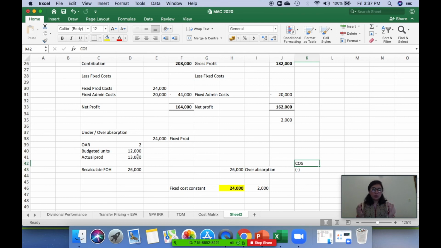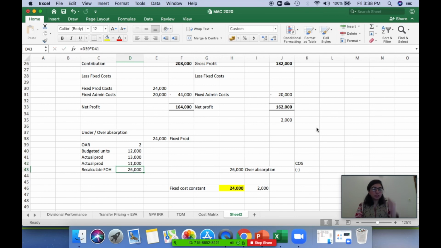So over-absorption works like an income, because that means that your fixed cost with production should have increased, but because fixed cost is a constant element, it shouldn't have increased. So you bring it down to its original level using the absorption approach. Now let's suppose the actual production changes from 13,000 to, in the next year, 10,000, or let's say 11,000.